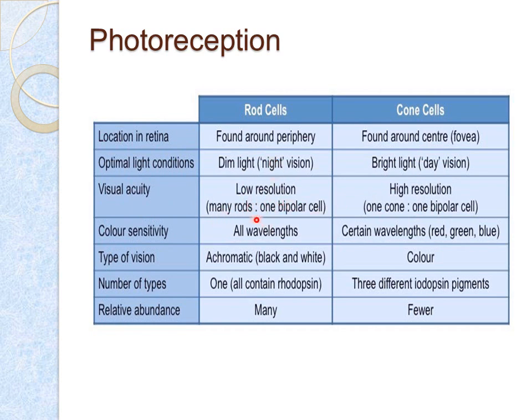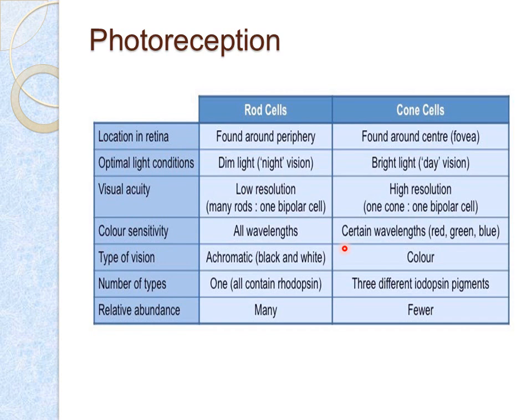Many rods connect to one bipolar cell, whereas one cone connects to one bipolar cell. Now, for color sensitivity, all wavelengths are sensed in rod cells, whereas certain wavelengths like red, green and blue are only visible through cone cells.